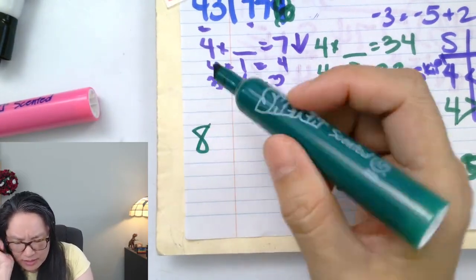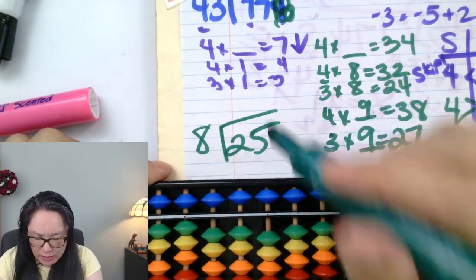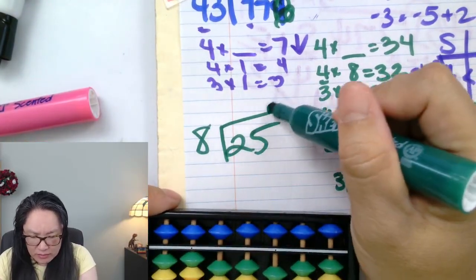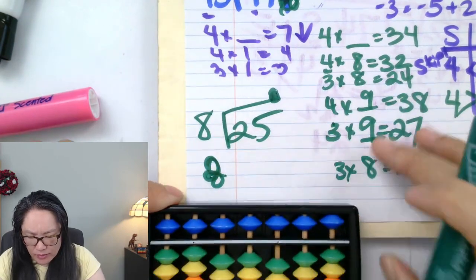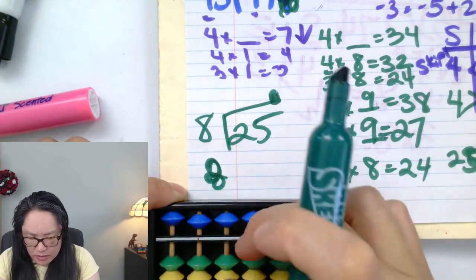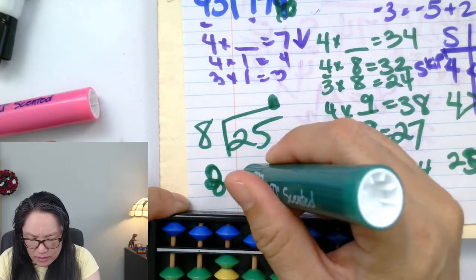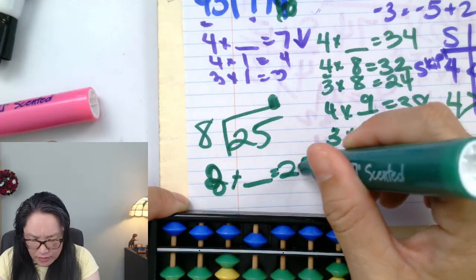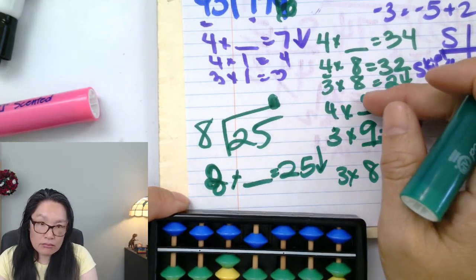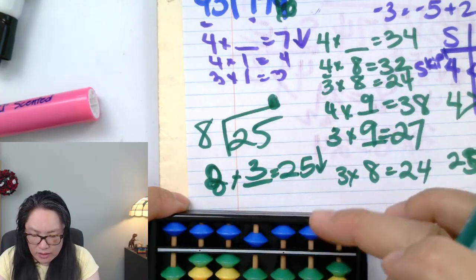So 8 divided by 25. Who's bigger? Well, nothing, right? So it's going to be 8. Where am I going to put it? I'm going to put it here. So 25. So 8 times what is equal to 25 or less? 3. Put 3. Take away 20.